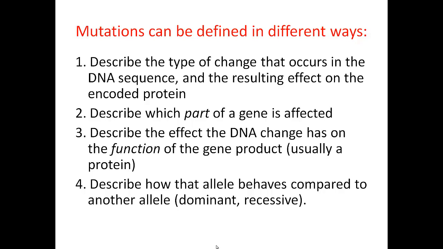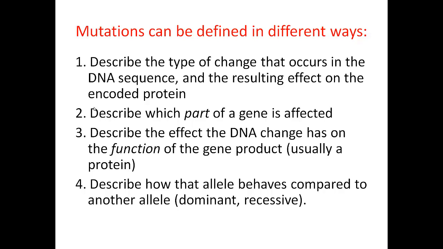There are a number of different ways that we describe mutations. Sometimes we talk about the specific change that is occurring in the DNA sequence. Another way to think about a mutation is which part of a gene is affected, whether it's an exon, a promoter, something like that.